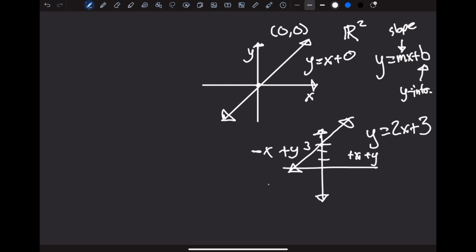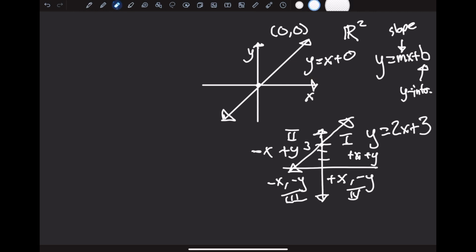Here, you have a negative x and a negative y. And for this quadrant, you have a positive x and a negative y. Now, in algebra you don't talk much about the quadrants, but this is quadrant 1, quadrant 2, quadrant 3, quadrant 4. But if you go into trigonometry, you will hear about that a lot because that's where the unit circle comes in. But that is a discussion for another video.